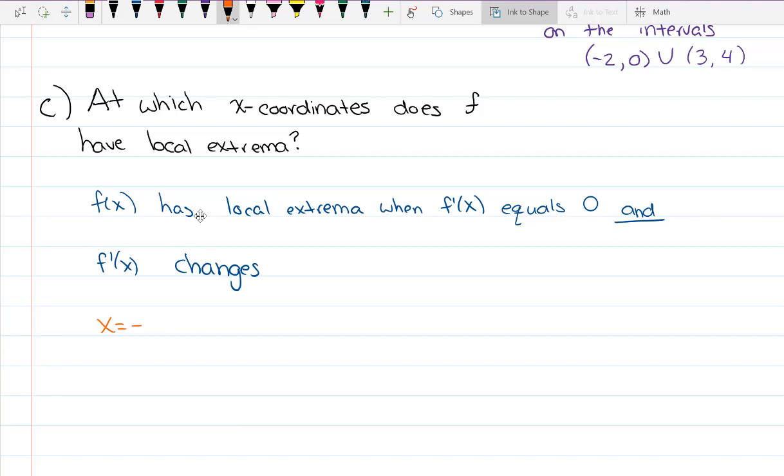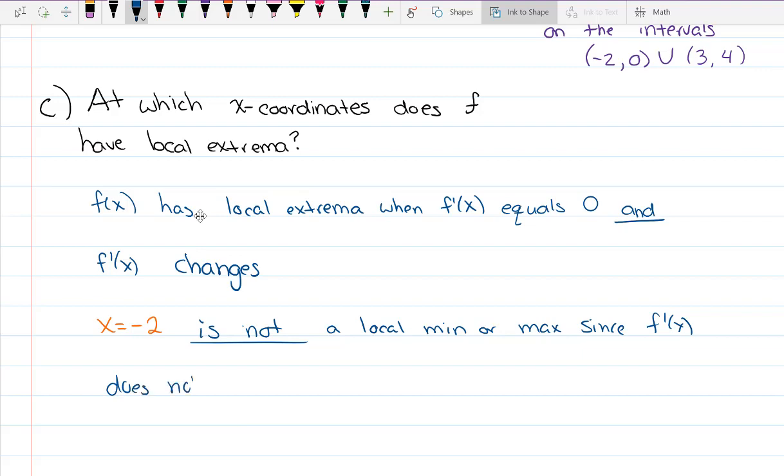When x equals negative 2, this is not a local min or max, since f prime of x does not change sign.